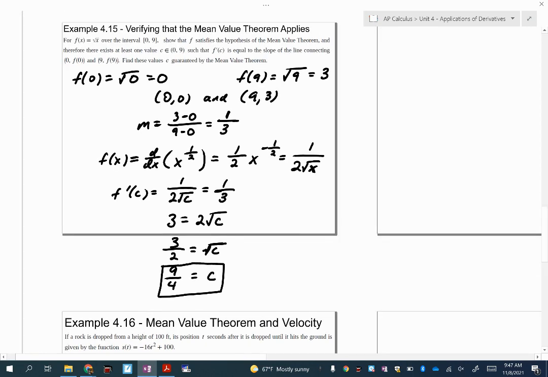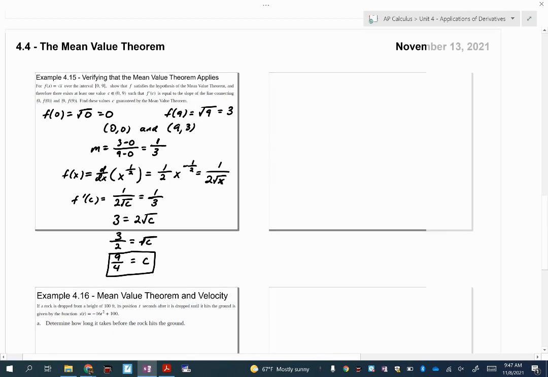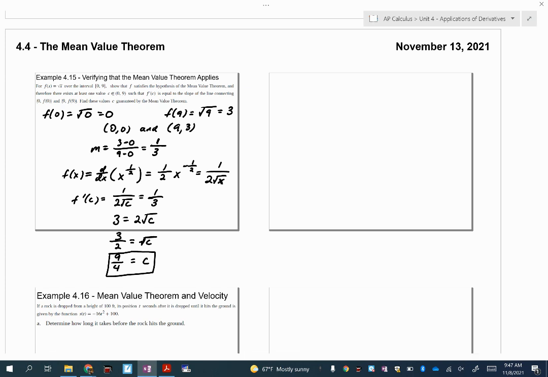Now let me do some algebra here. That's very similar to the algebra that we did when we found equations for tangent lines. We use point slope form. All right, so when I look at my line that connects (0, 0) and (9, 3), you'll notice that it's going through the origin.